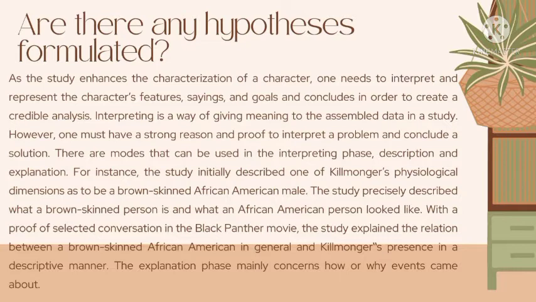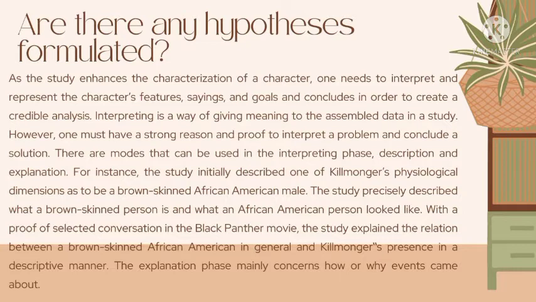For instance, the study initially described one of Killmonger's physiological dimensions as a brown-skinned African American male. The study precisely described what a brown-skinned person is and what an African American person looks like, with proof of a conversation in the Black Panther movie.